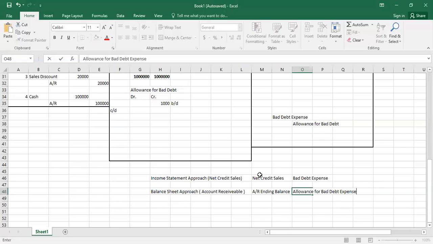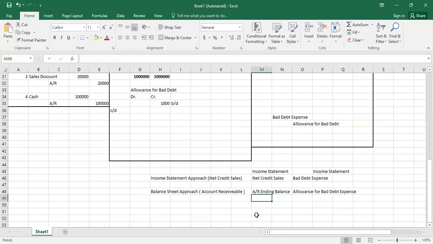Now net credit sales, where does this account fall in the financial statements? This element falls under the income statement part. And where does the bad debt expense fall? It also falls under the income statement part.